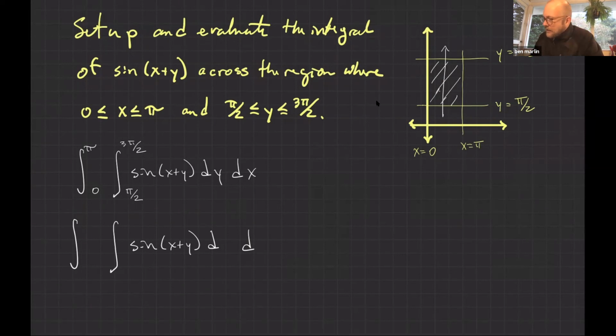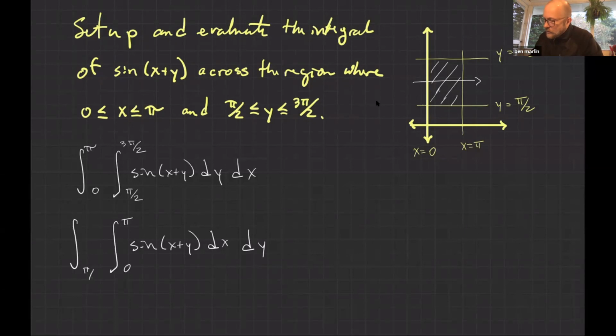Now, on the other hand, if we were to do this in the direction dx and then dy, then we would draw an arrow in the direction that x increases. X enters the region where it's equal to 0, and we exit the region where x is equal to pi. Then we say, what is our range that we're going through with our y values?